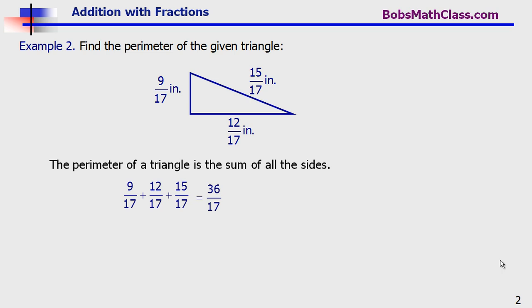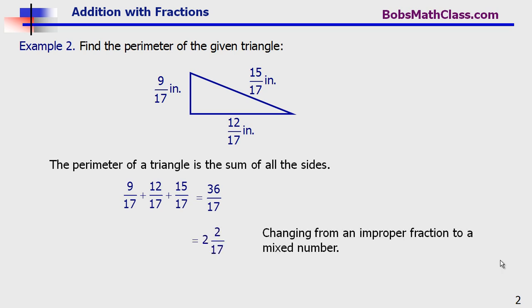The remainder is going to be the numerator, and the quotient is going to be your whole number. So you should get 2 and 2/17, because 17 goes into 36 twice. That's a 2 in front, with a remainder of 2. That's a 2 in the numerator, and the 17 stays in the denominator.